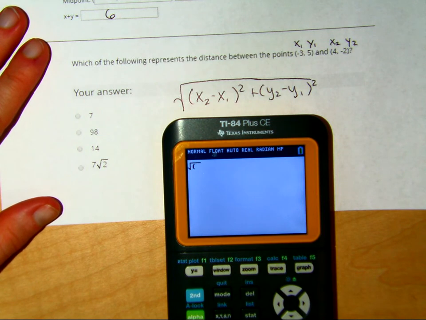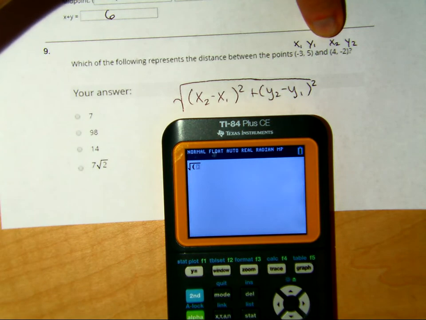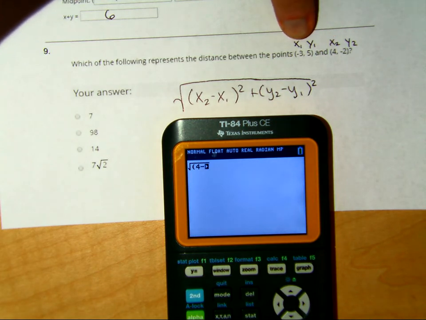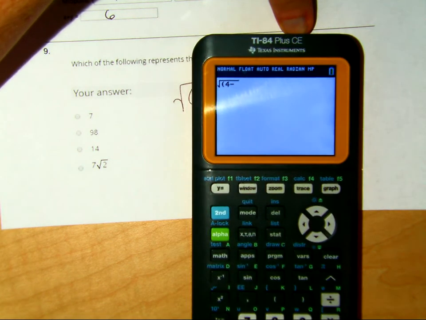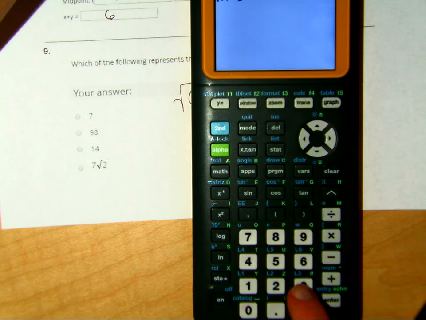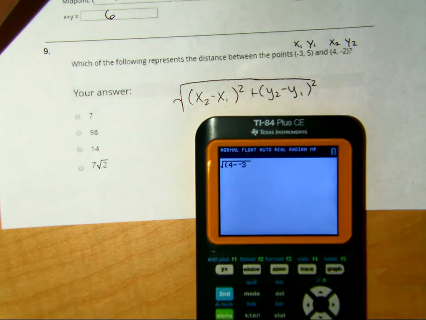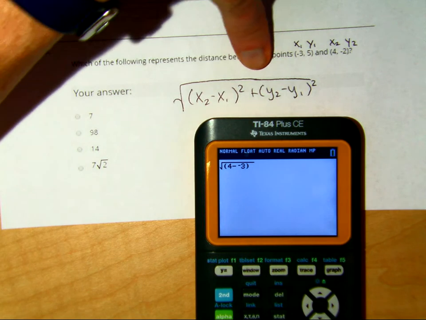So my x2 value is 4. My x1 value is negative 3. So you can hit either the negative 3 button, or we also know that a negative minus a negative equals a positive, and you could change it, but this would work just fine.